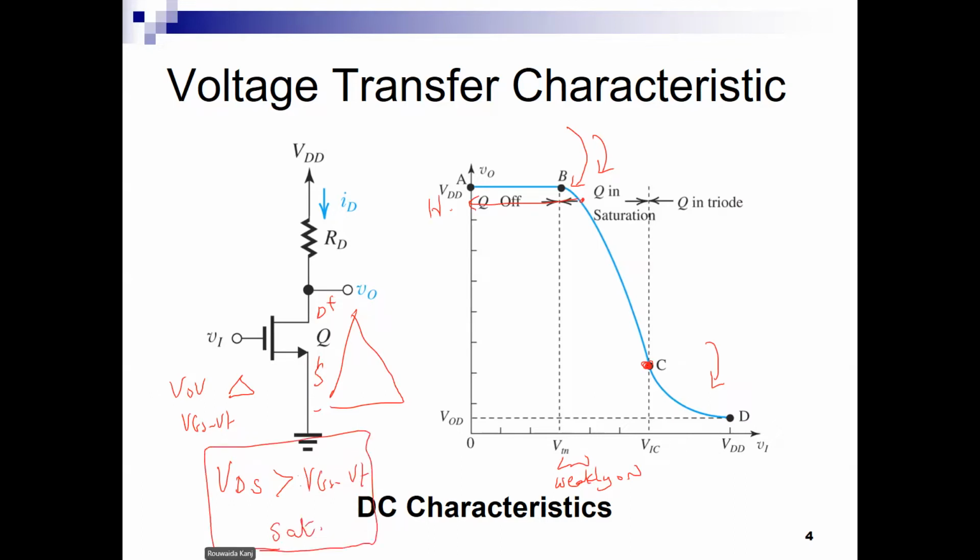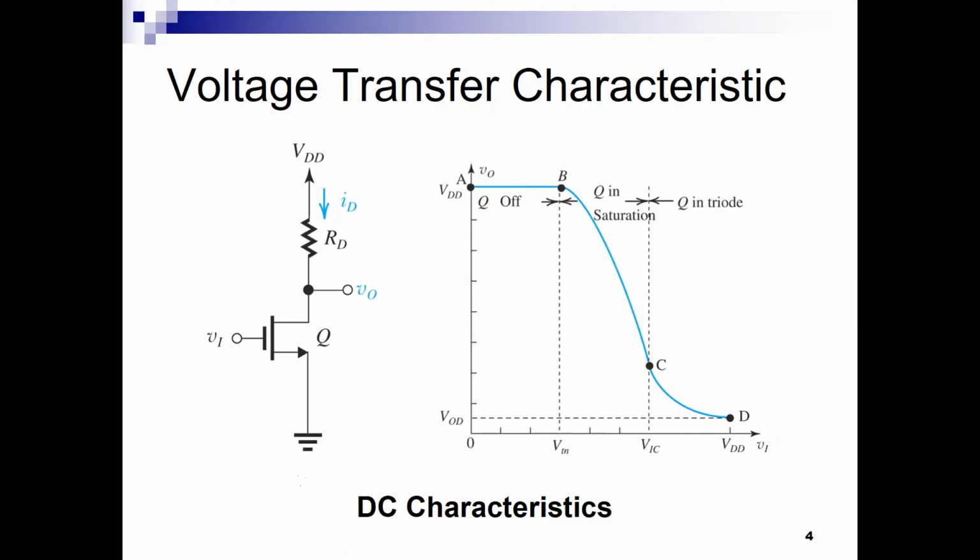All of this we will derive later when we take specific voltages, but all we are trying to say is that the transistor is first off. As we increase the input voltage a notch above VT, V out is still high. This is VDS of the NMOS and this is VGS of the NMOS. VGS minus VT is really Vn minus VT, and VDS for the transistor is really V out.